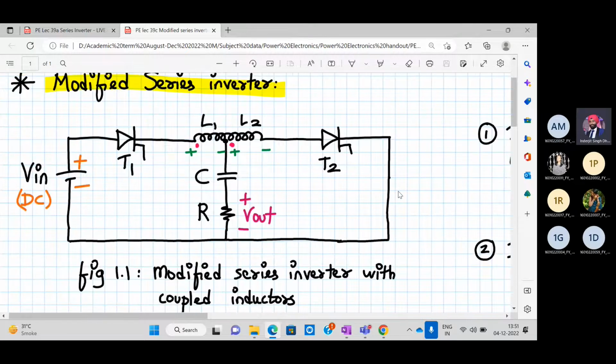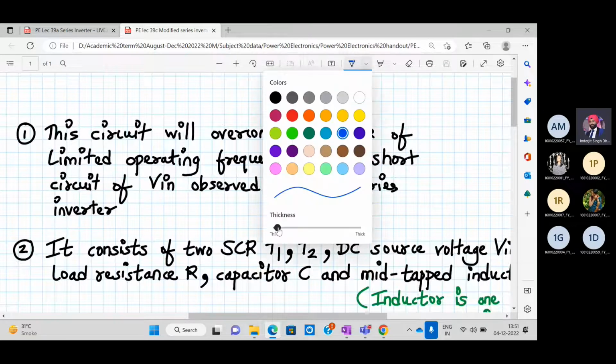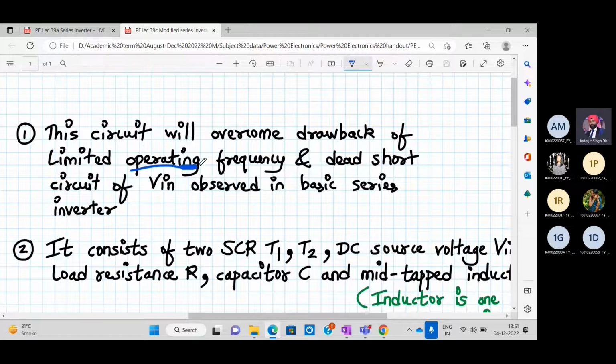Okay, so which drawbacks is it addressing? This circuit will remove the drawback of limited operating frequency. What do you mean by limited operating frequency? Your omega was less than omega d, which means you cannot increase it much beyond omega d.